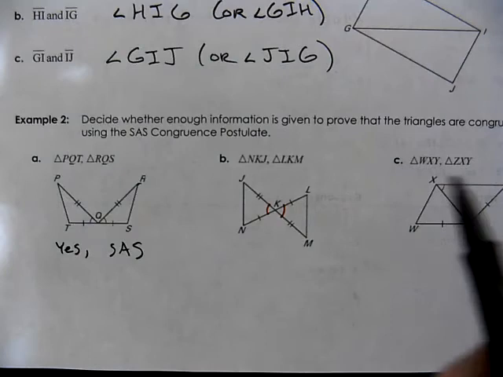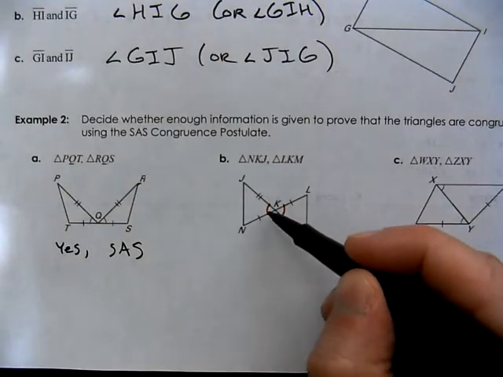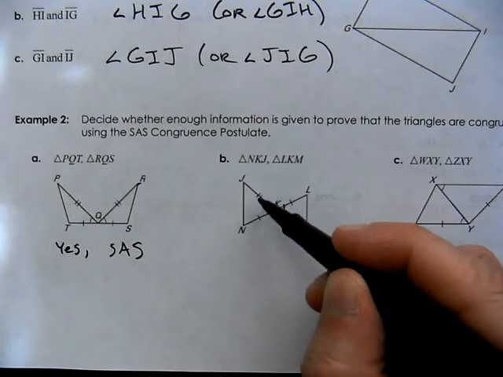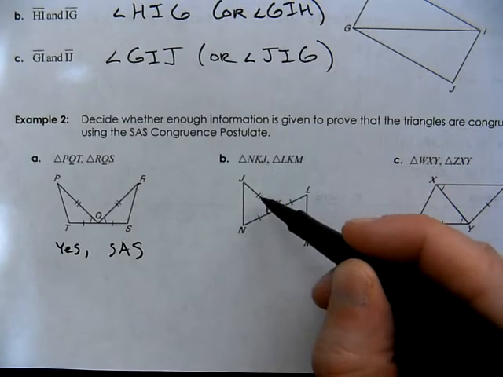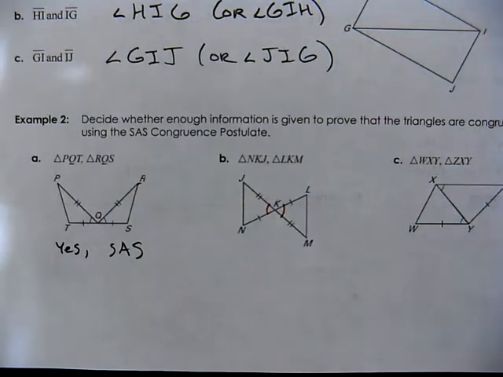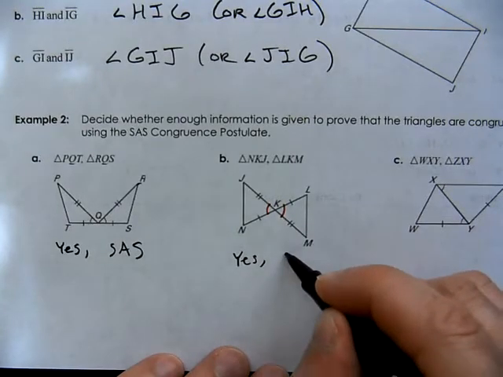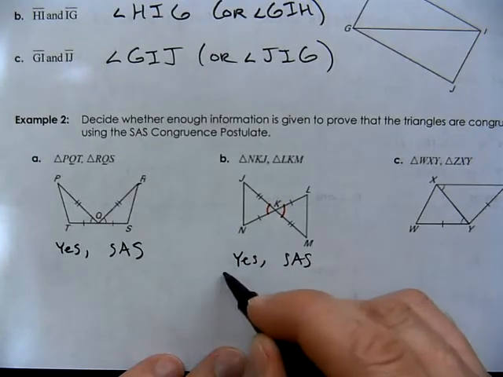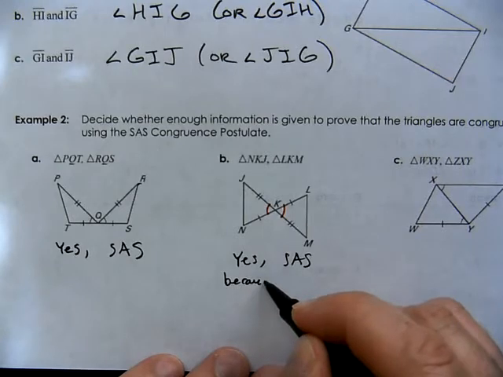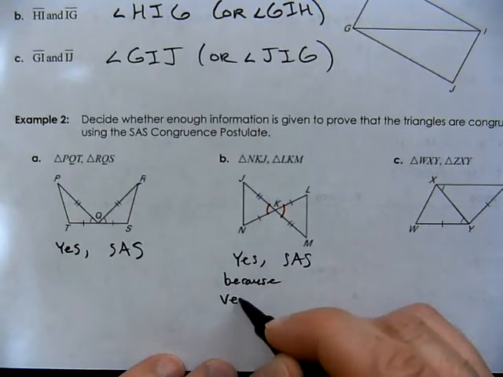And notice that the vertical angles happen to be in such a place that they are between the two marked sides. So we do have a side-angle-side pattern. So once again, yes, we do have a side-angle-side pattern because vertical angles are congruent.